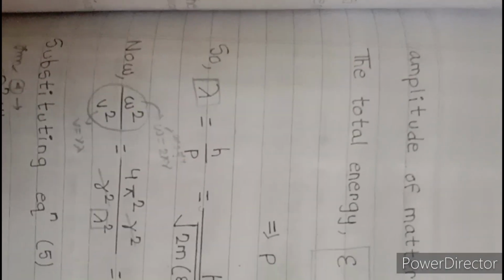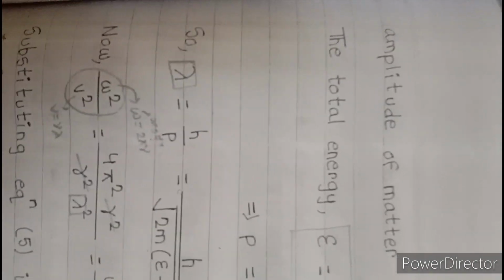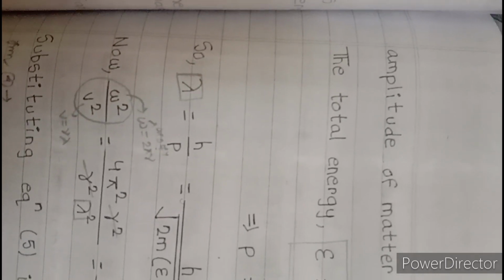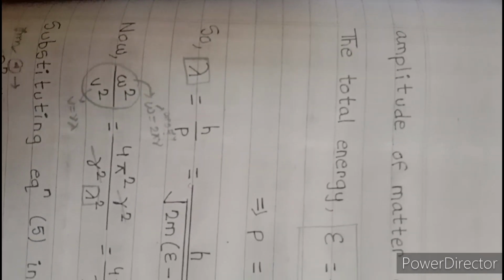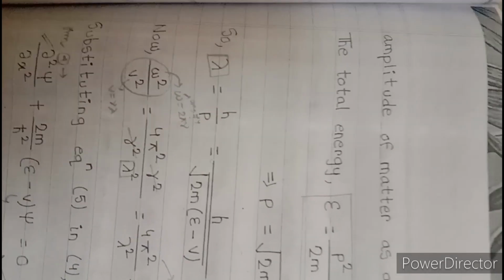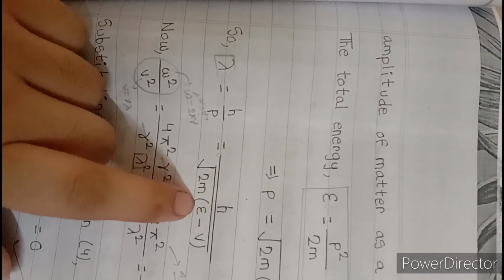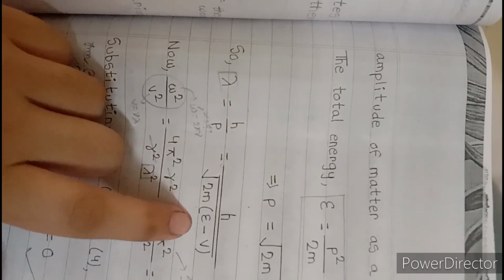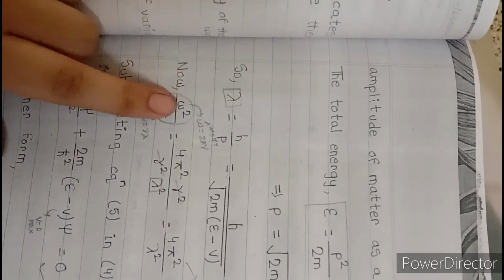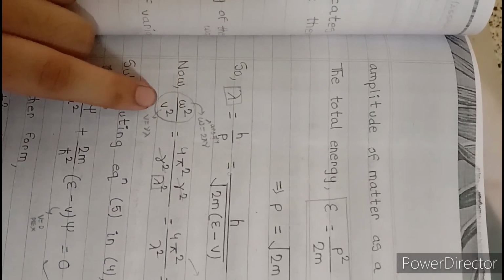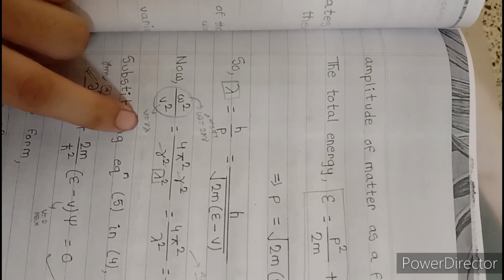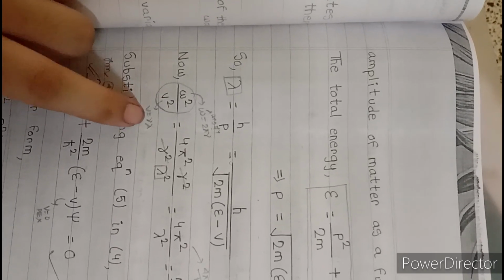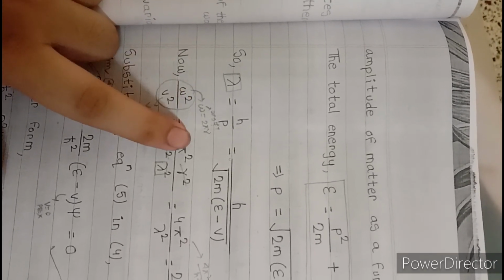Then by the de Broglie equation we get the de Broglie wavelength, which is λ = h/p, and we put the value of p in this equation. Now we have to calculate ω²/v². v is equal to λν and ω is equal to this.